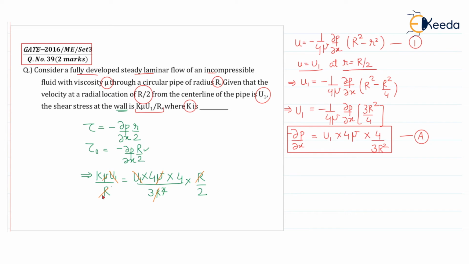So on the left side you can see K is remaining. This K is equal to, on the right hand side, we are left with 4 into 4, 16 by 3 into 2, which is 16 by 6. So I can say it is nothing but 2.666. So this is the correct value of K. Okay, final answer, K is equal to 2.666. Okay, thank you.